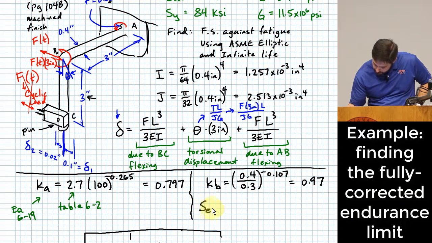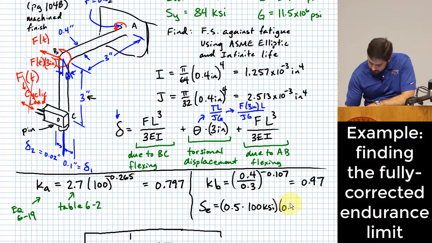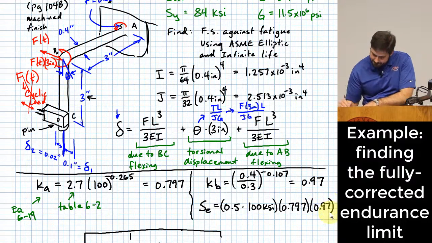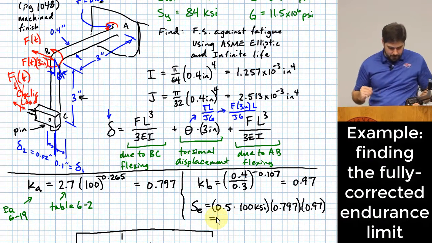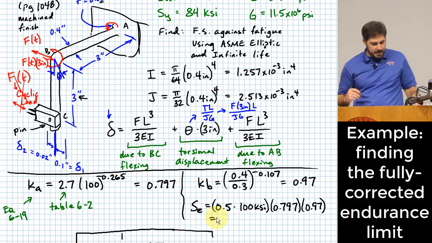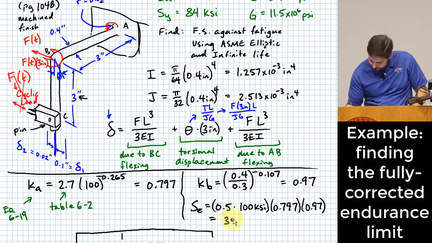So our fully corrected S sub E then is going to be equal to 0.5 times 100 KSI times 0.797 times 0.97. And our fully corrected endurance limit then is equal to 38.66 KSI.